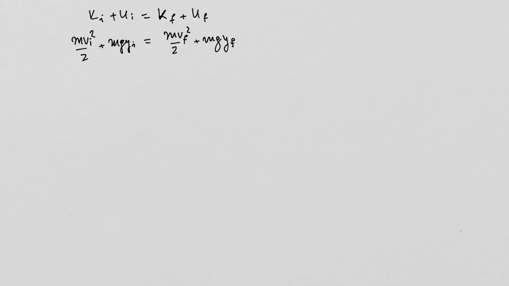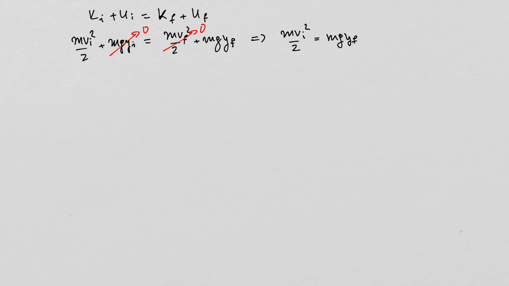So explicitly, the conservation of mechanical energy relationship looks like so. I'm going to select my reference level for the potential energy to be at the initial position of the ball, which means that the potential energy at the initial position will be 0. We also know that at the highest point, the ball is stationary at rest, so therefore the final kinetic energy is also 0. So then from here, we get that m v initial squared divided by 2 is equal to m g y final.